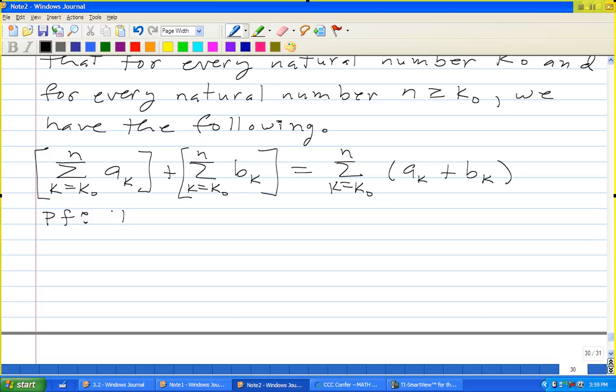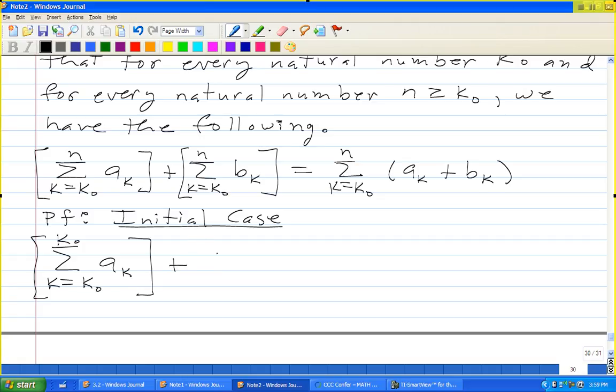So let's do the initial case. So I have the sum k equaling k sub 0 to k sub 0 of a sub k plus the sum k equaling k sub 0 to k sub 0 of b sub k.